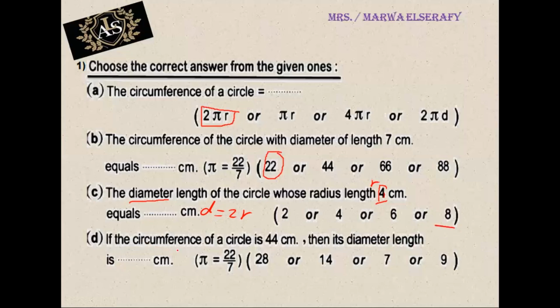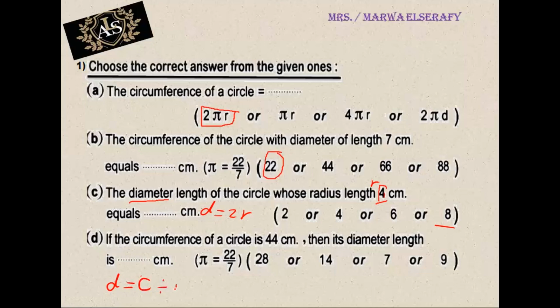If the circumference of a circle is 44, the circumference of the circle equal 44, okay? Then its diameter length will be equal what? So I want the rule of the diameter length. Diameter length will be equal what? Yes, excellent.